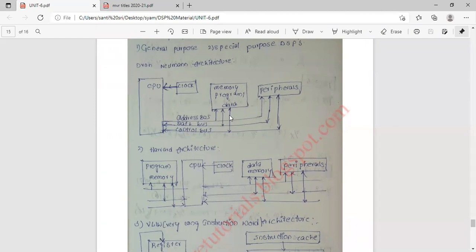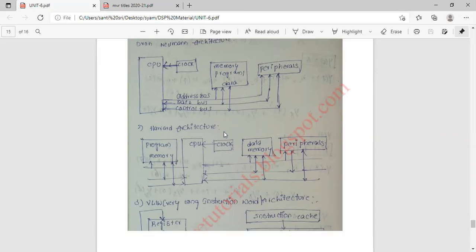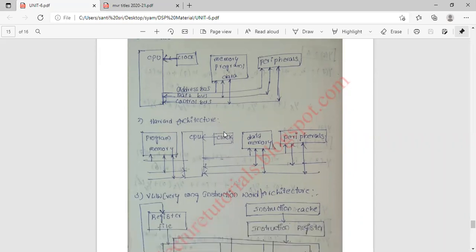The memory, program and data, as well as peripherals, are connected to the central processing unit through address bus, data bus, and control bus.